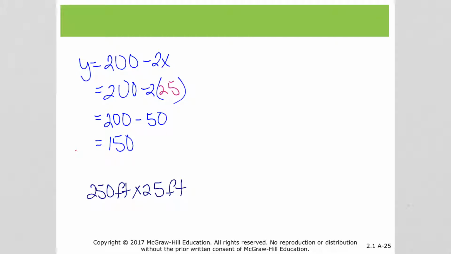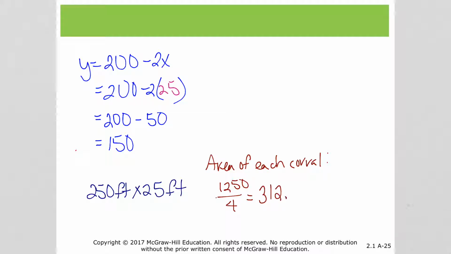So to find the area of each corral, we've got 1250 divided by 4, and that gives us 312.5 square feet.